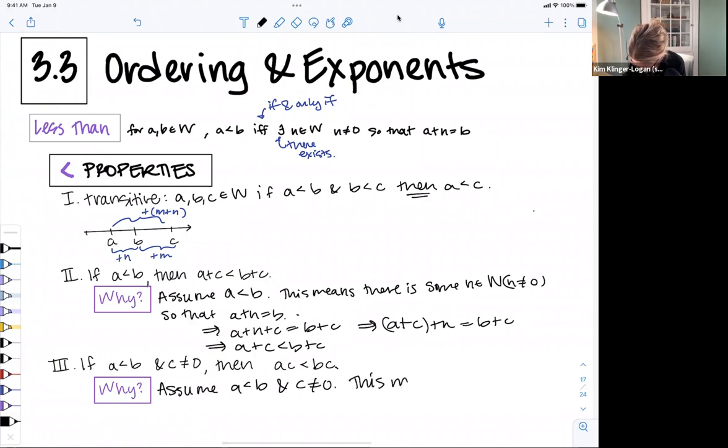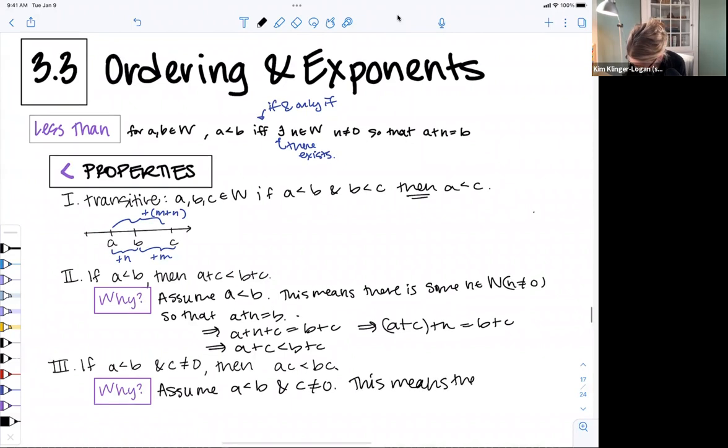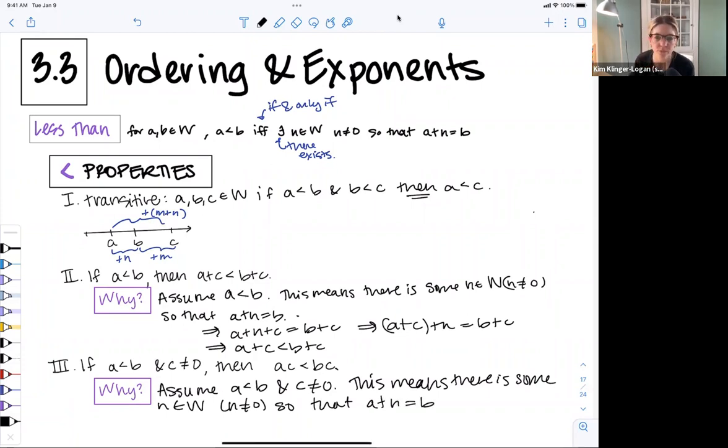So again, this means there is some non-zero whole number N so that A plus N is equal to B. That's just the exact same characterization we had on the right here.